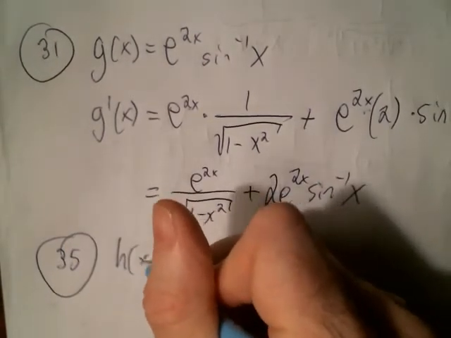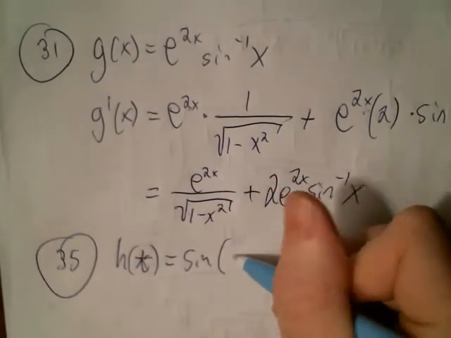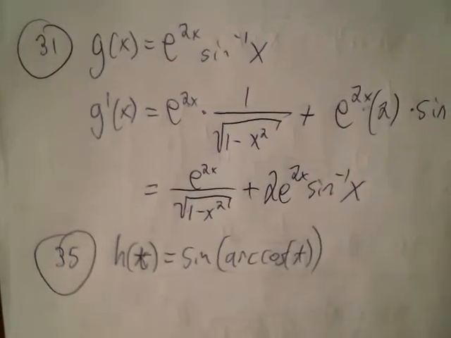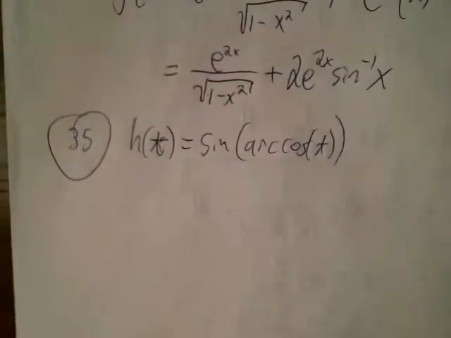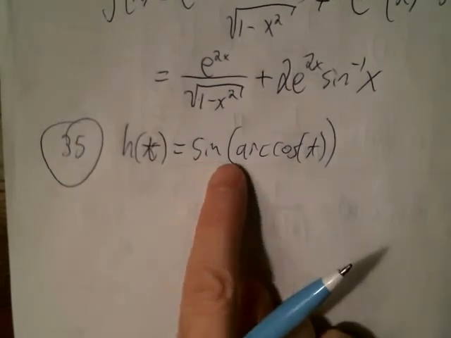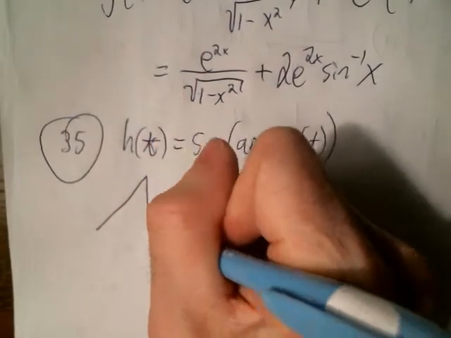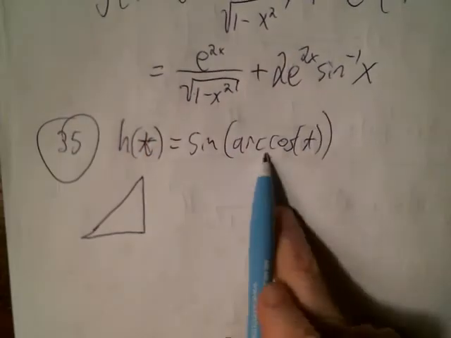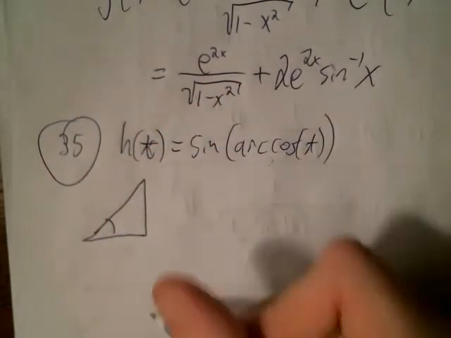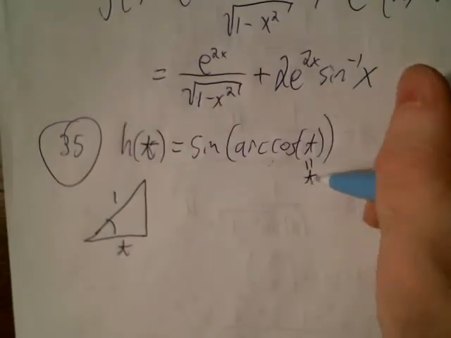So I have h of t equaling sine of arc cosine of t. Whenever you have a composite where one function is an inverse and the other one's not an inverse, you can use the triangles to simplify these. Okay, so in particular, arc cosine of t will be this angle. Cosine is adjacent all over hypotenuse, so you just pretend t is the same as t over 1.